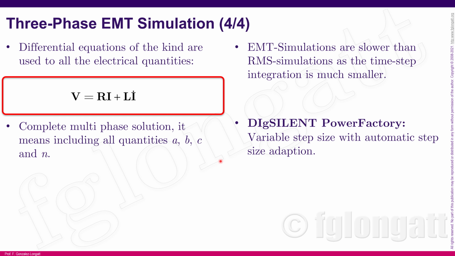But if the fast transients decrease and disappear fast, DIgSILENT has the possibility of understanding that the fast transient has already stopped, and it can increase the time step in order to speed up the simulation, okay? There is much more to explain about variable step size, okay? That is a very good mathematical aspect. Not many people are expert on that topic, but it's extremely important, especially if you are creating commercial software, okay?